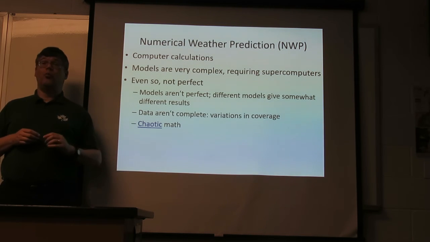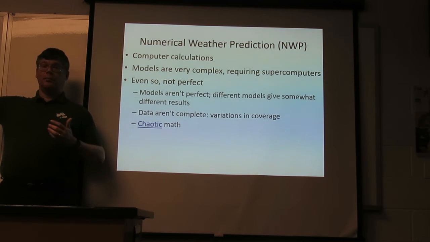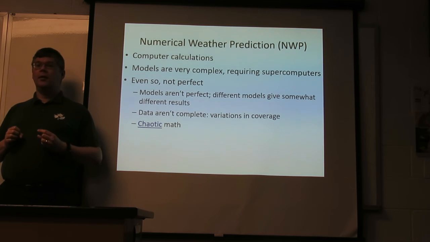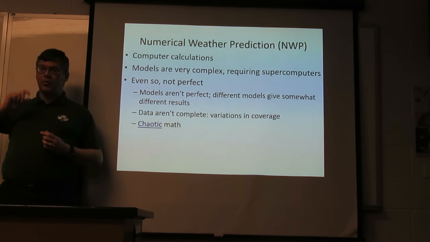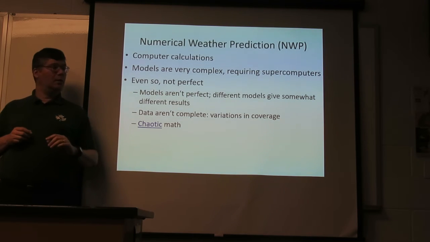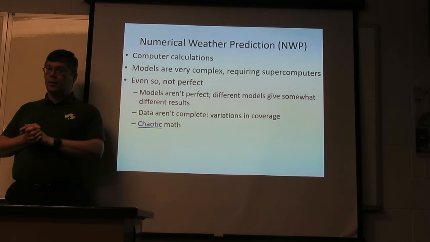This was discovered for weather forecasting because somebody had a computer going along making weather forecasts, and then something went wrong. They had to restart things, and so they went back a bit and put in the number that was being used at that point.